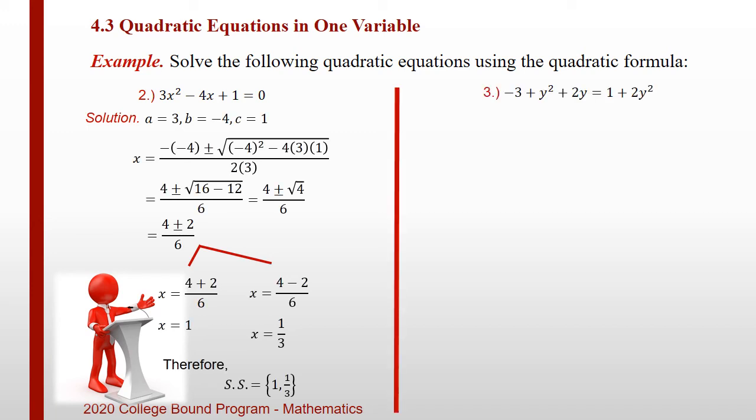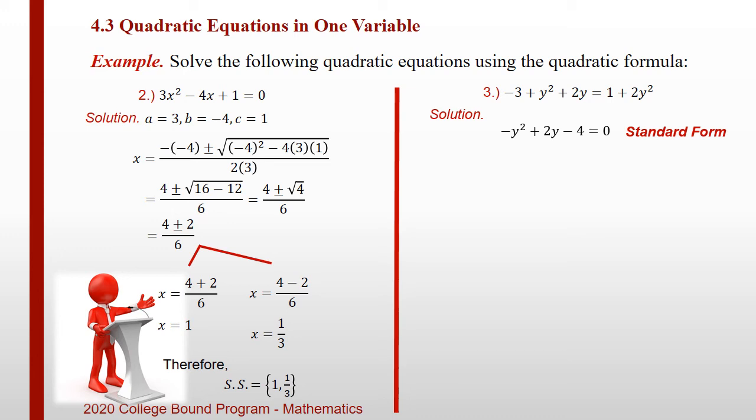How about if the given is negative 3 plus y squared plus 2y equals 1 plus 2y squared? Clearly, before proceeding, we have to express the given in standard form. That is, negative y squared plus 2y minus 4 equals 0.